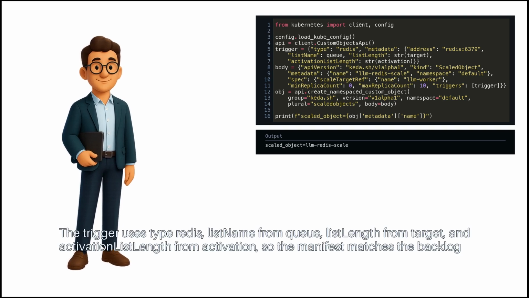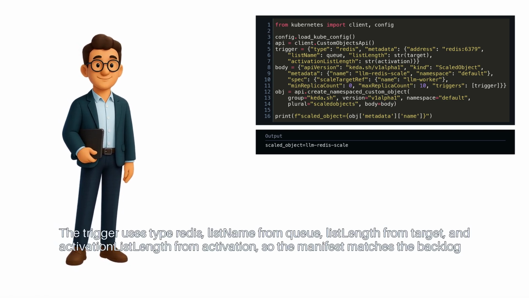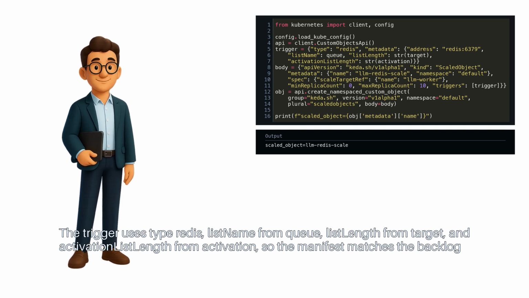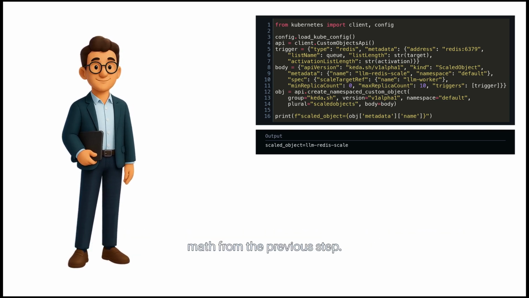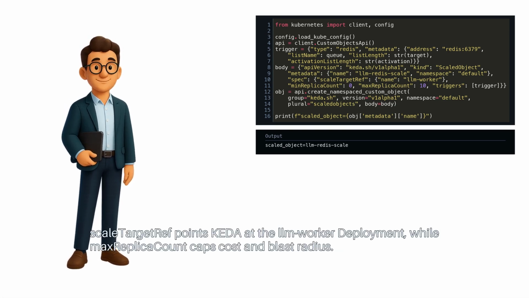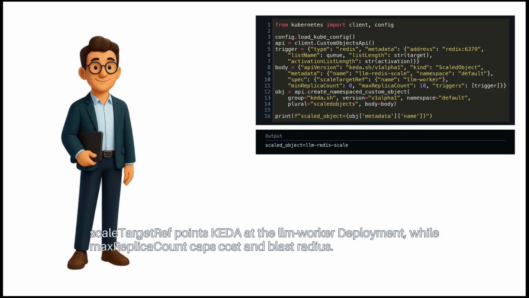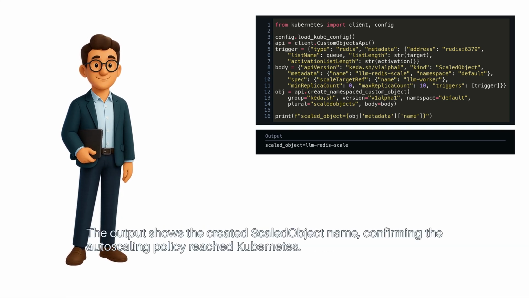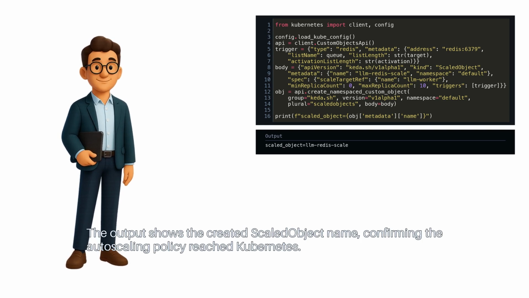The trigger uses type redis, listName from queue, listLength from target, and activationListLength from activation. So the manifest matches the backlog math from the previous step. scaleTargetRef points KEDA at the LLM worker deployment, while maxReplicaCount caps cost and blast radius. The output shows the created scaled object name, confirming the autoscaling policy reached Kubernetes.